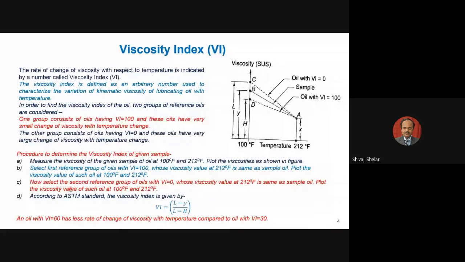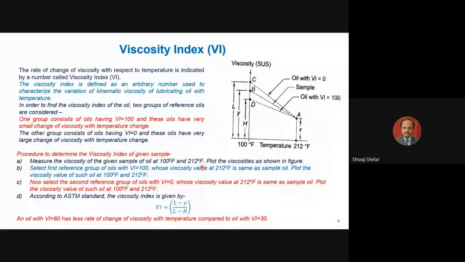Let's take the sample and measure its viscosity at two temperatures, one at 100 degree Fahrenheit and another at 200 degree Fahrenheit. Please measure the kinematic viscosity value at these temperatures.